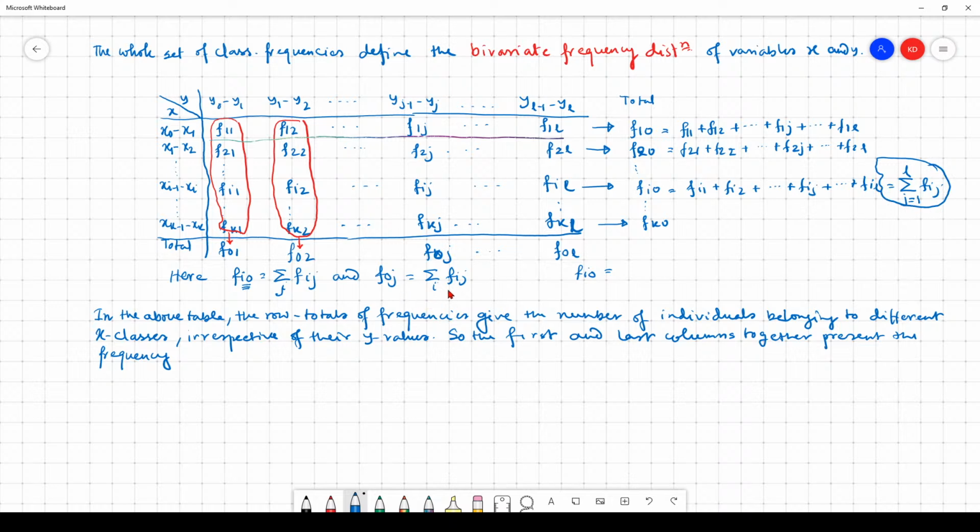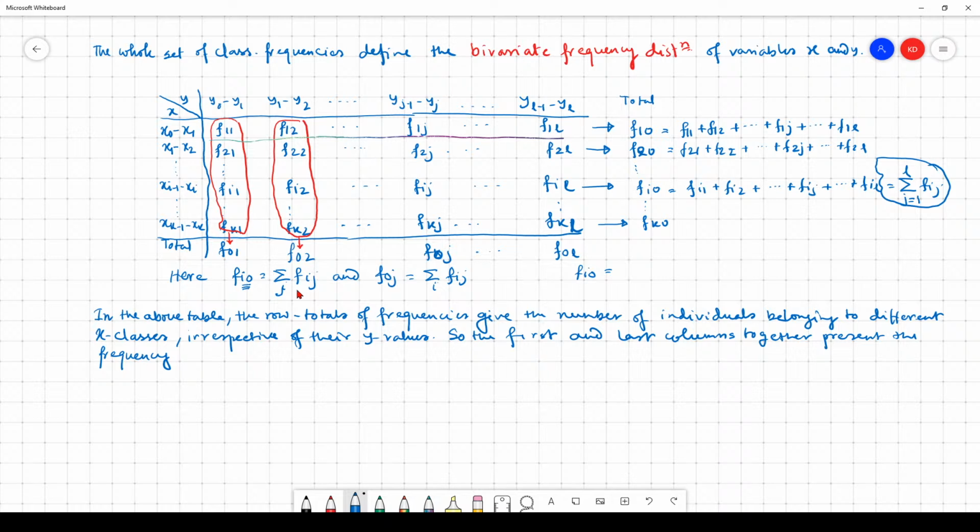Okay. Similarly, f naught 1 means f11 plus f21 plus fi1 plus fk1. And similarly, f naught 2 is the sum of the frequencies f12, f22, fi2, fk2. That is the frequency corresponding to the class y1 to y2 of the y variable.